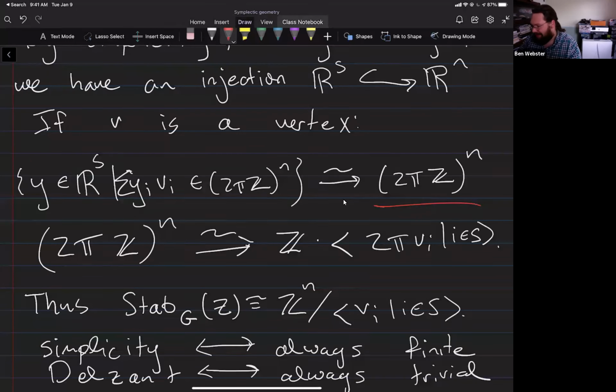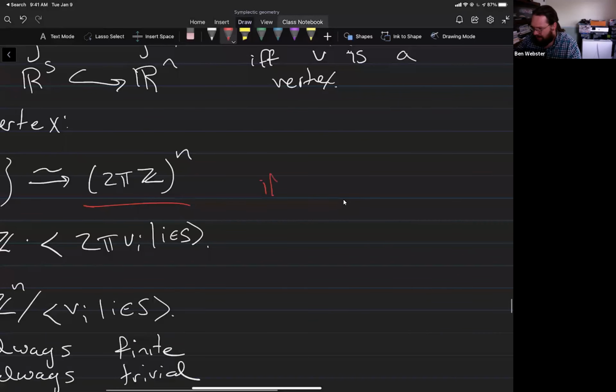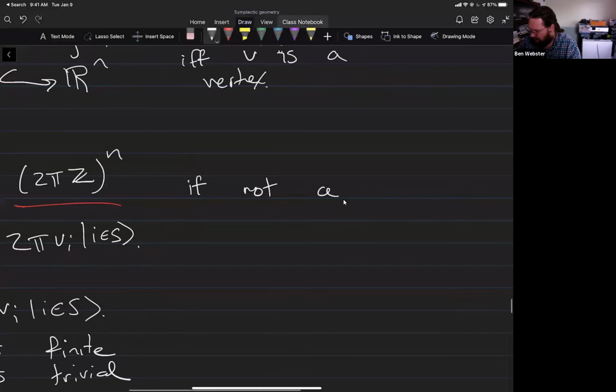And what I should say is, if not a vertex, I have to intersect both with the R span of the v_i.